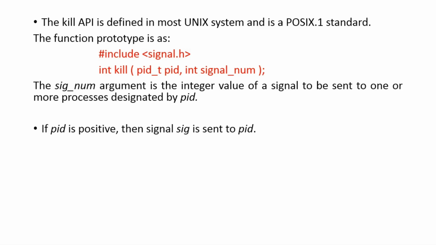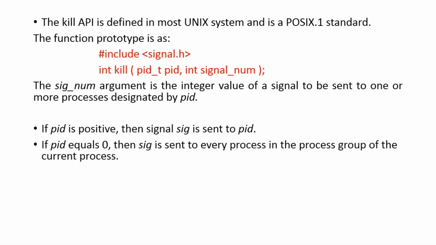If the PID is positive, then the signal is sent to that particular PID. If the process ID equals 0, then the signal is sent to every process in the process group of the current process.